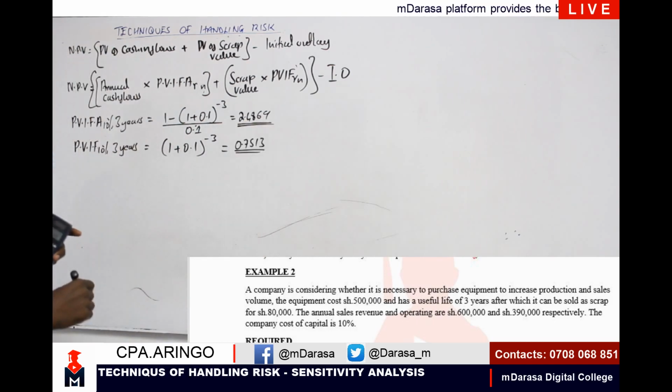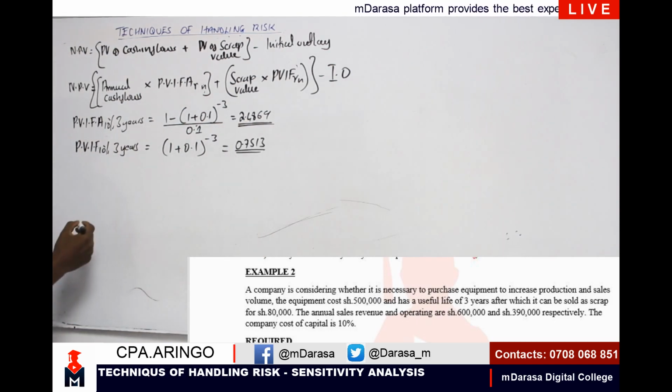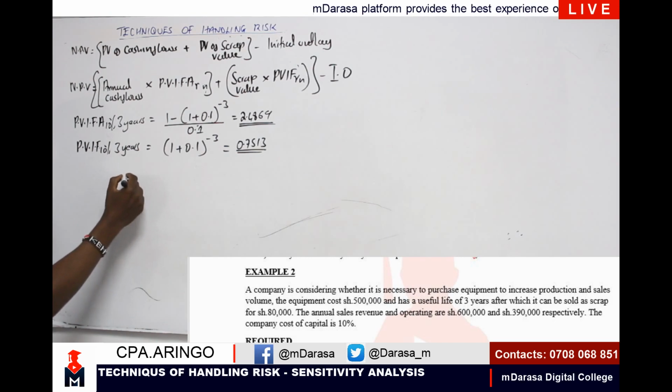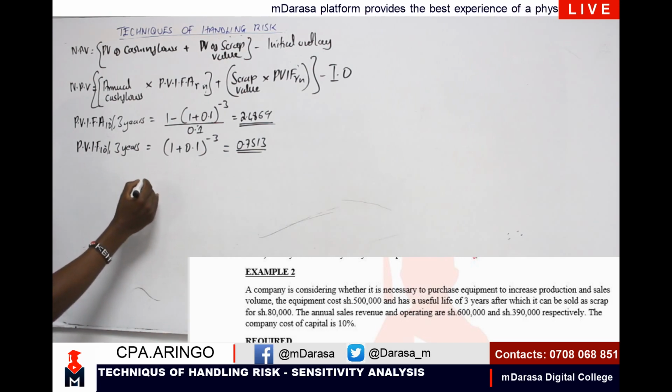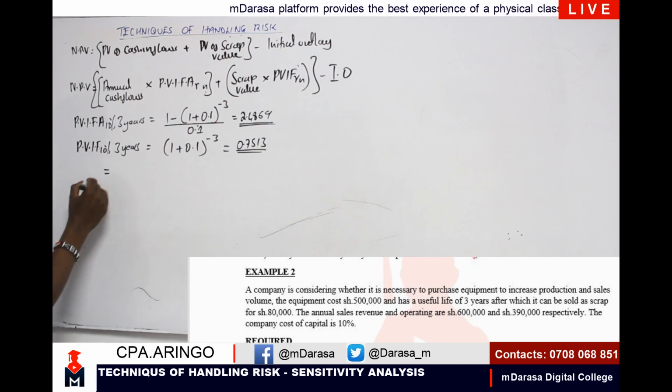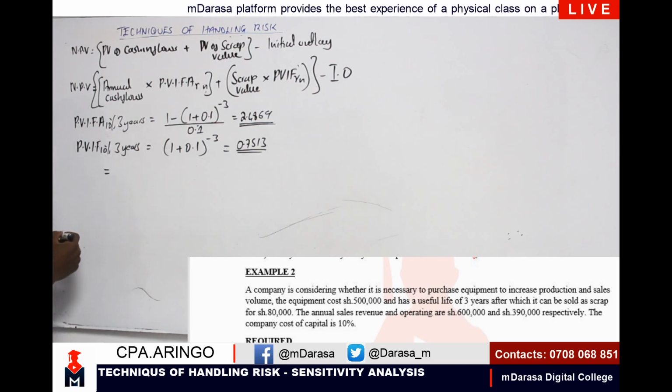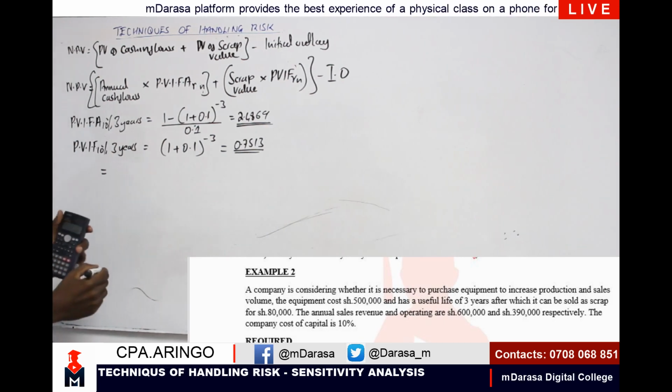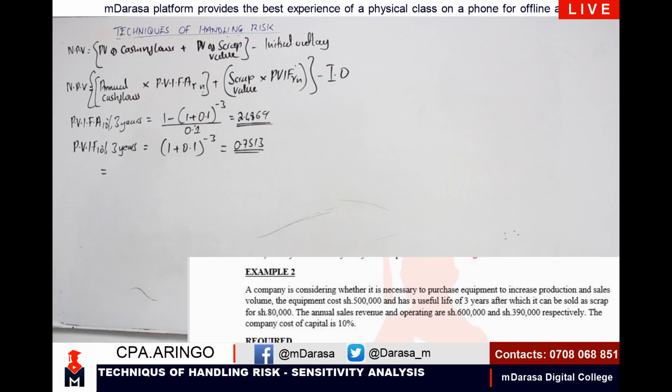So after we have determined our factors, the other thing will be simple, because what will we be expected to do here, my good students? I'll come and determine our annual cash flows. You are generating a revenue of how much? You are generating a revenue of 600,000. That is what you are given.